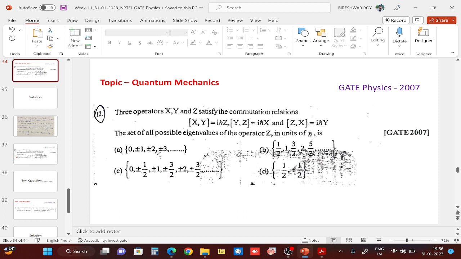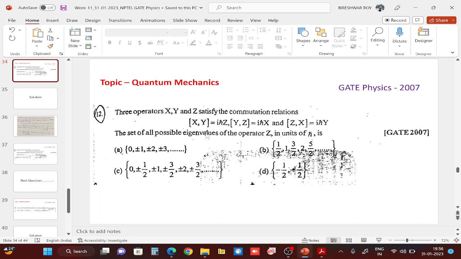If you consider your spin half particle, then it is not possible, right? It is possible only when you take a spin integral particle. And it is possible for your spin half particle only when you consider your x as Sx, y as Sy, right?